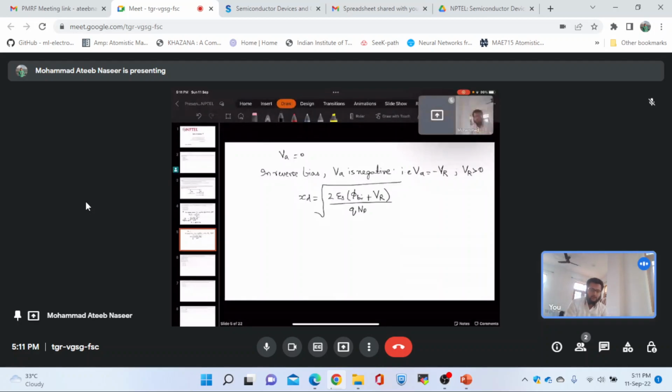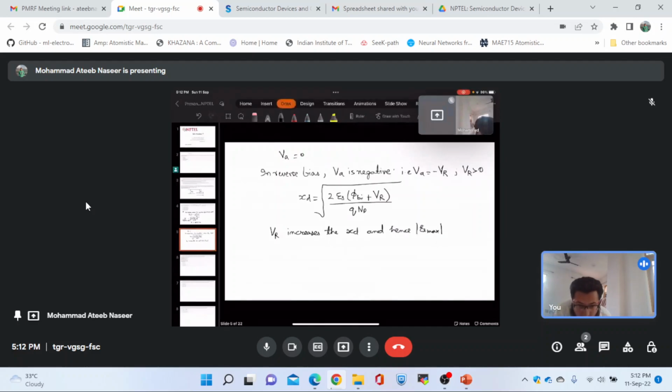Since this whole term is under the square root, clearly if this Vr is increased, it will simply increase the depletion width, and this in turn increases the magnitude of the peak electric field.